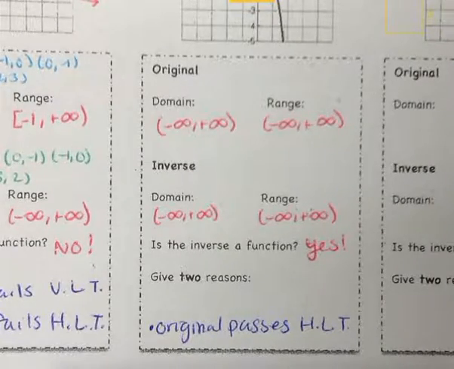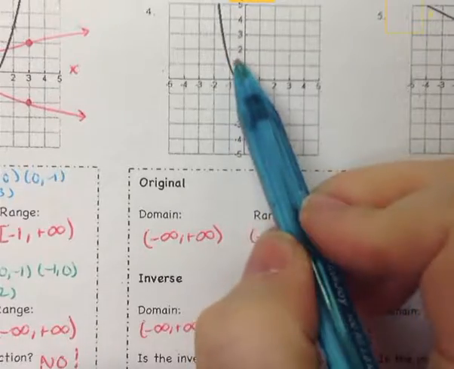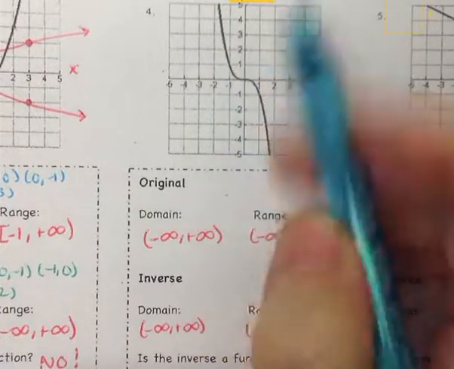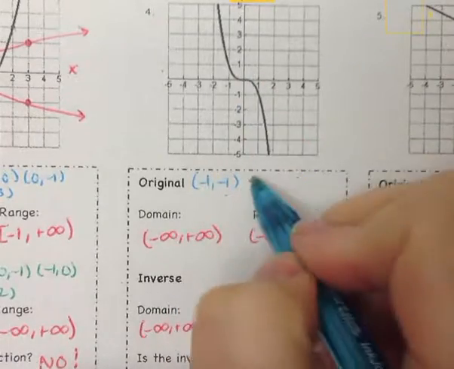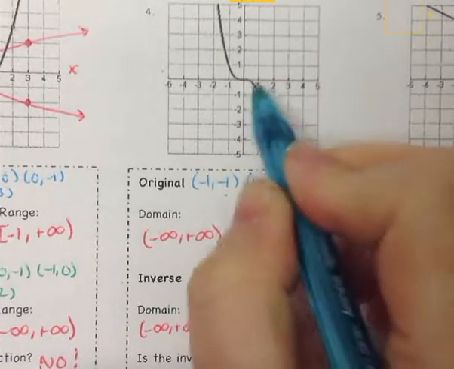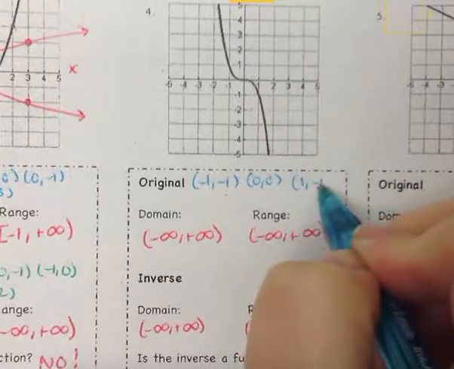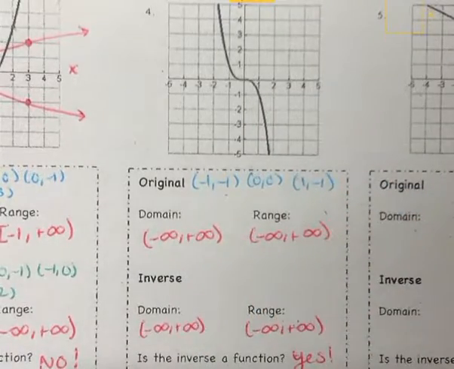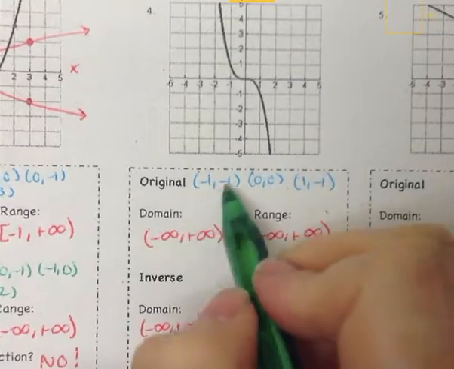So to write some coordinates down so we can graph this, one coordinate on here looks to be at -1, -1. Then we have 0, 0. And then we have +1, -1. So to graph the coordinates of the inverse, I'm going to flip them.